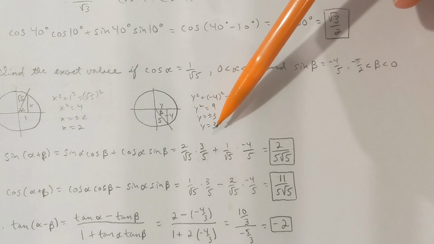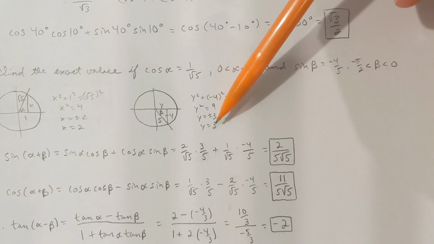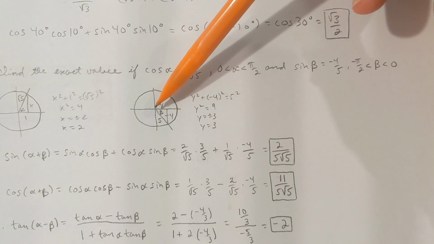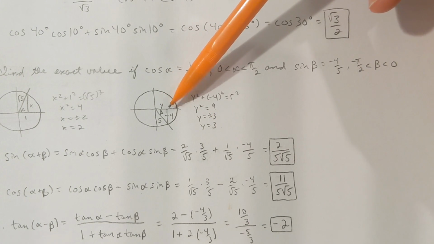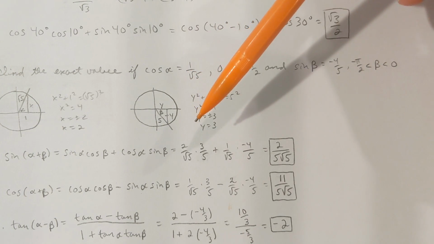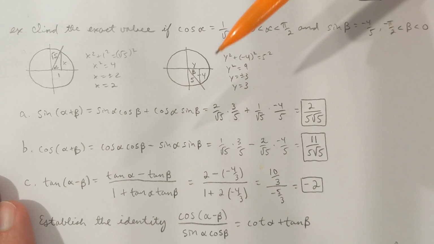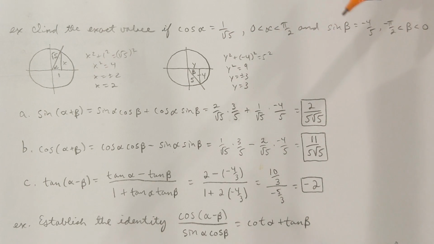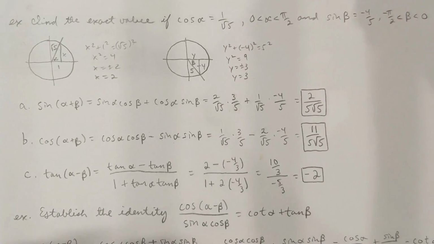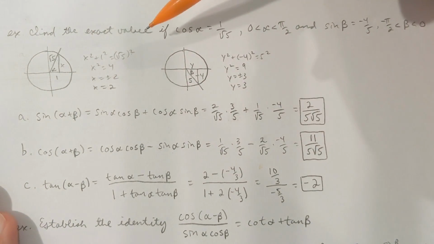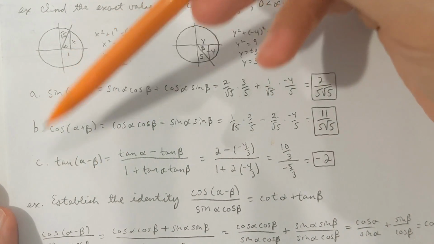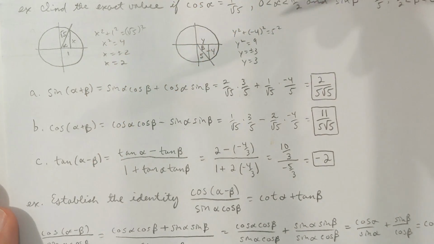If you solve for y it would be plus or minus 3, but we're going to want 3, right, since we're going to the right of the center there. Of course, pay attention to whether the number should be a positive or a negative. That's a mistake I'll see students make, because it should have been a negative when they wrote a positive or something like that. And all right, so now that I've got these triangles, when I say find the exact value, I'm talking about these values here, these calculations that we're going to be doing.